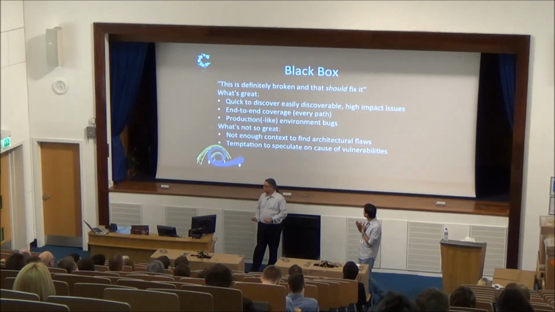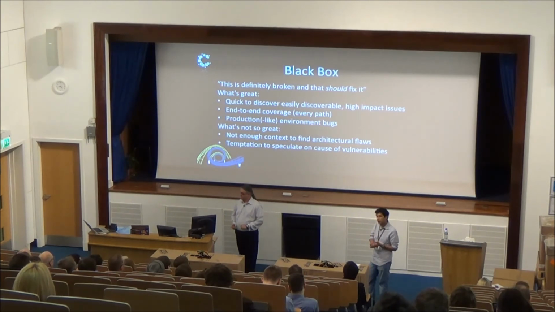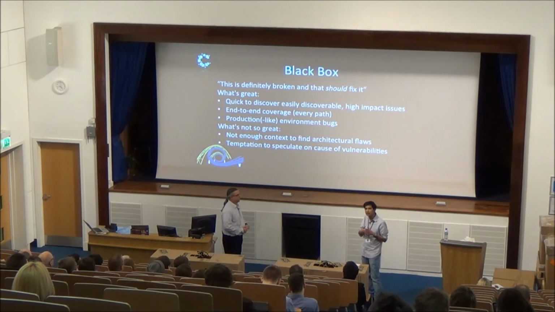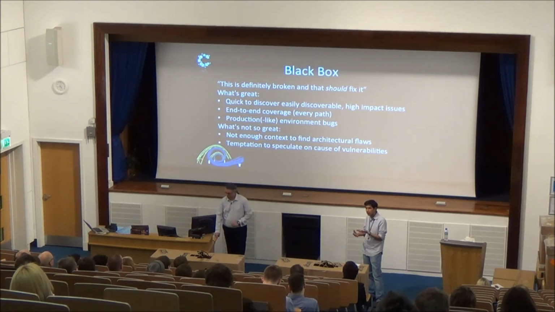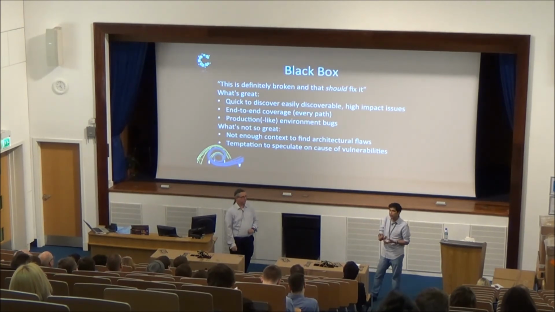Yep. But what's not so great about black box testing is that you don't have enough context to find architectural flaws and bugs that might actually be of higher value to the business, like logic errors and stuff like that. It's not very easy to find these kinds of issues through black box testing.